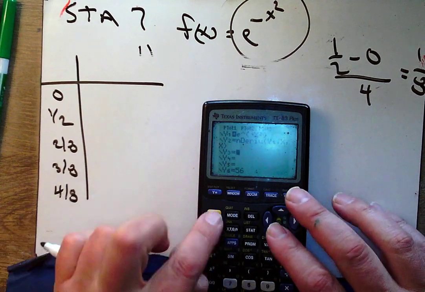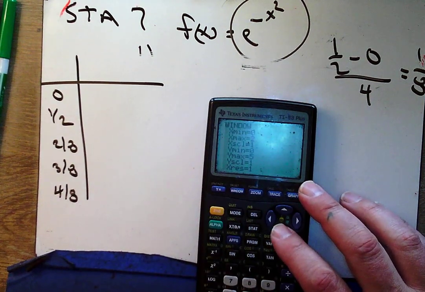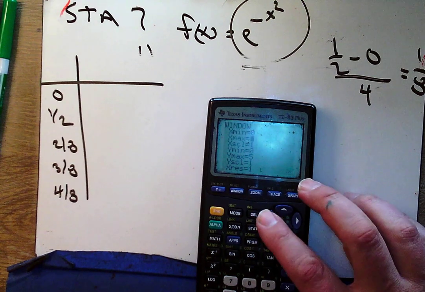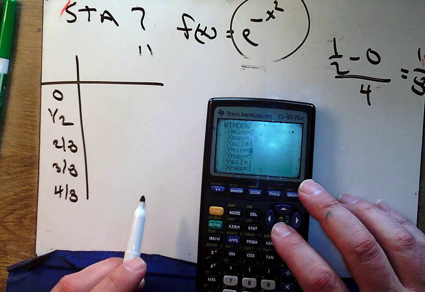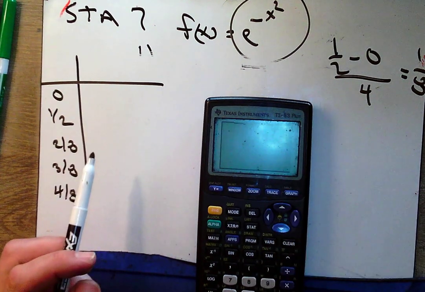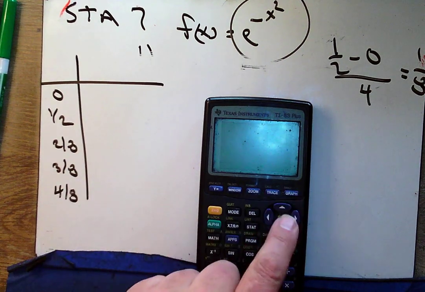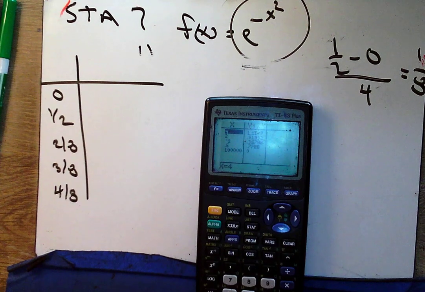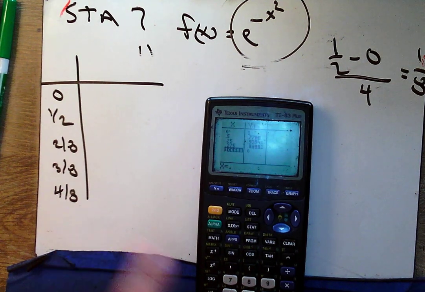Alright. Window goes from 0 to 1/2. The y values 0 to 1. Okay. Nice. Go to my table. I'm going to plug in 0, 1/8, 1/4, 3/8, and 1/2.